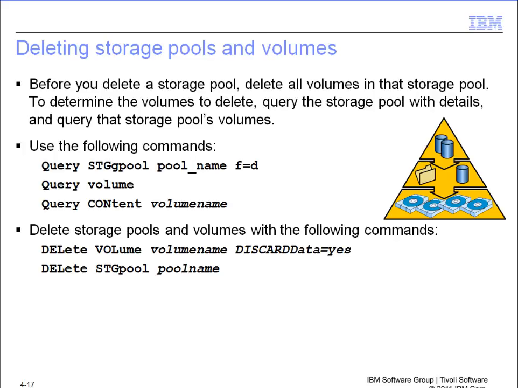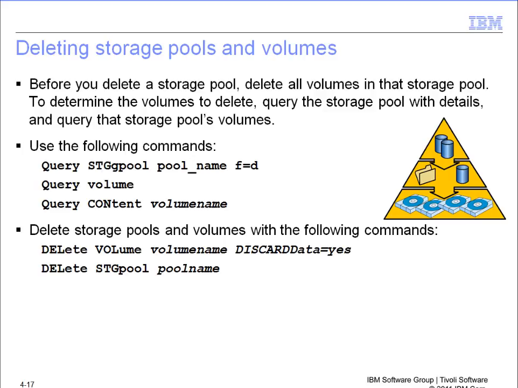Before you can delete a storage pool, you have to make sure that all the volumes in the storage pool are empty and deleted. So the commands you would use to check out your storage pools is you're going to query the storage pool with format equals detail. Find the name of the volume. Then you're going to query that volume, and then query content for that volume.